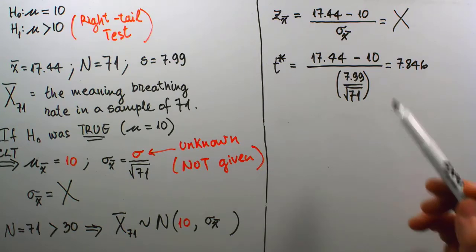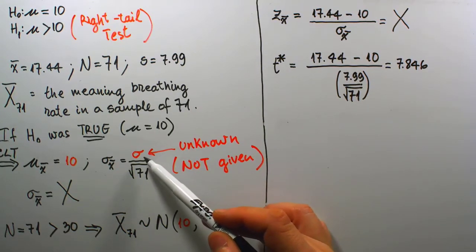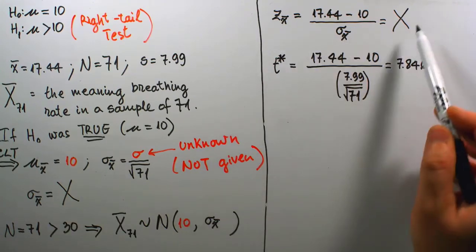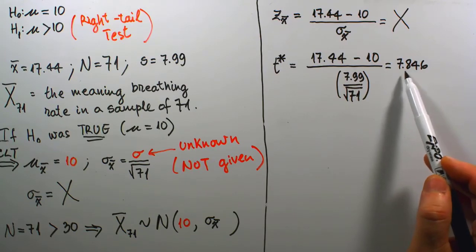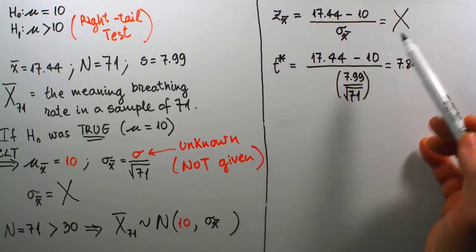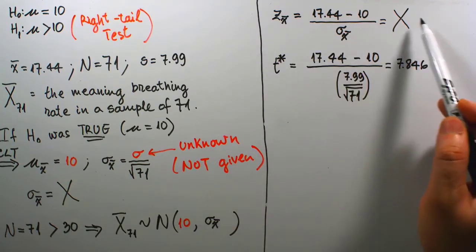So if we actually had a known sigma value, which consequently led to having a successful sigma x bar, then our Z score would be actually close enough to this value. So here our T star is reading about 7.846. So if we were able to have a Z score, then the Z score would be somewhere around the 7s.